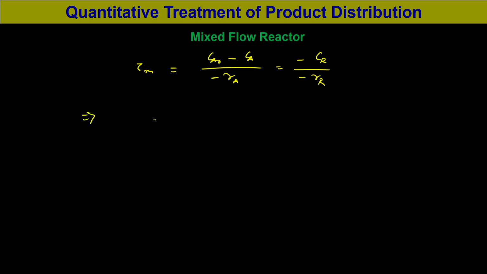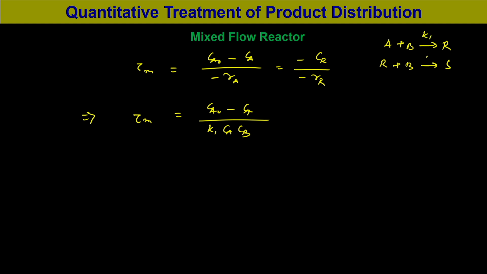From here, tau m is equal to CA naught minus CA divided by K1 CA CB, for the reactions A plus B to R with K1, and R plus B to S with K2. So, this we can write as minus CR divided by K2 CR CB minus K1 CA CB.